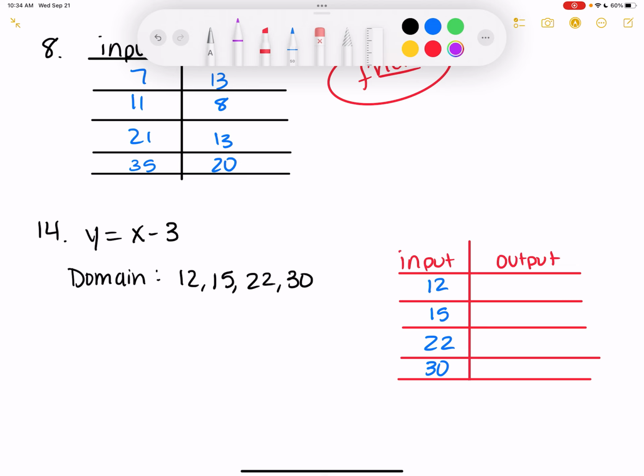We're going to start with 12. So we have y equals, we replace the x with 12. 12 minus 3. What is the first one? 9. So then we go over to the output column next to 12 and we write 9.